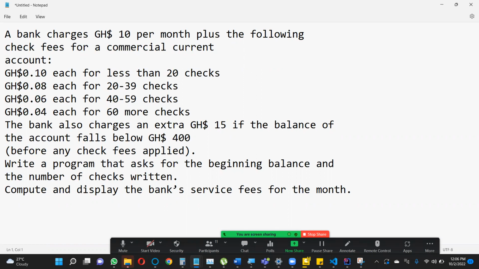The bank also charges an extra 15 Ghana cedis if the balance of the account falls below 400 Ghana cedis.